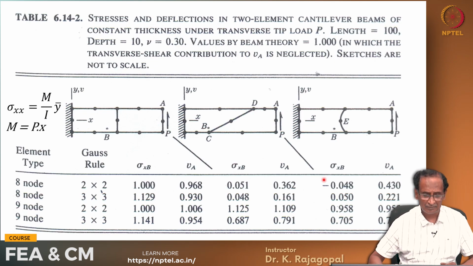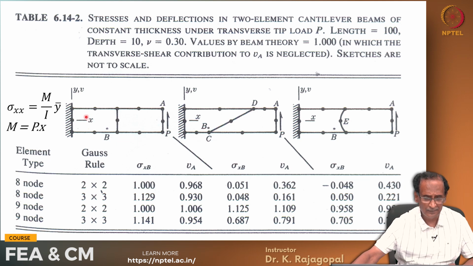And if you use 8 and 9 node quadrilaterals, 3 different cases are given, one with pure rectangular elements, 2 of them, and one with the distorted, but then this surface is a straight surface. Then the third one is distorted, but it's a curved surface.